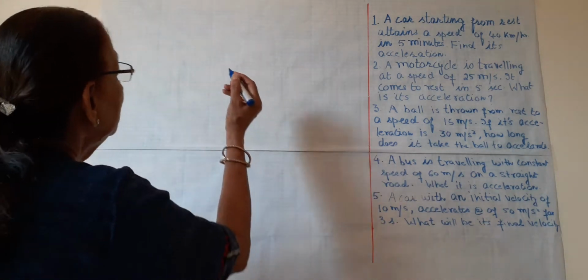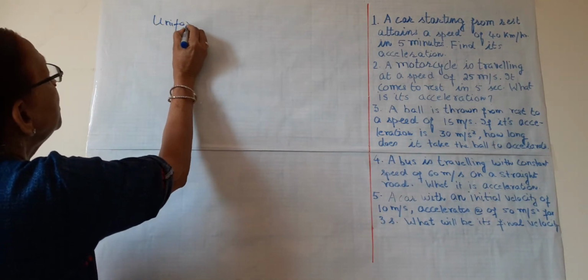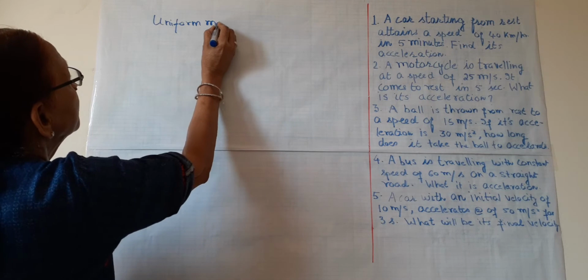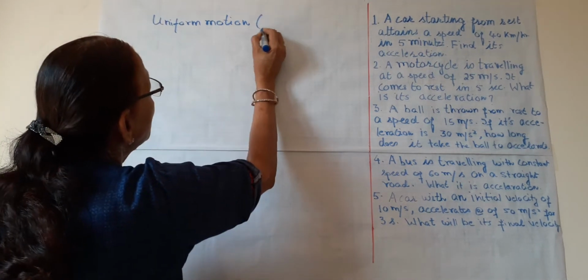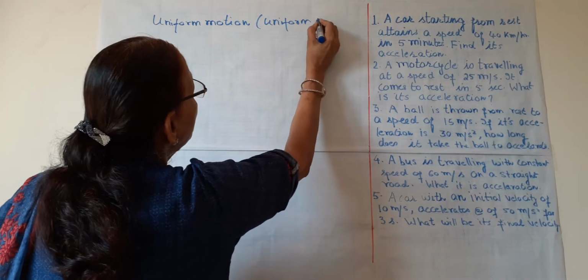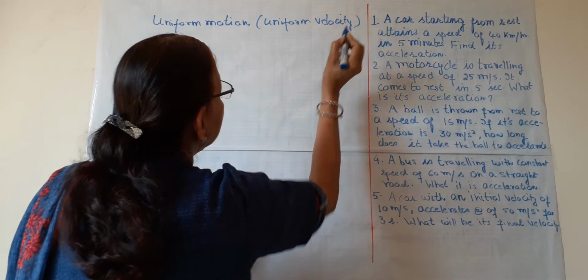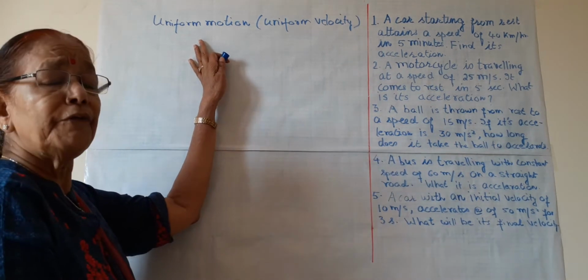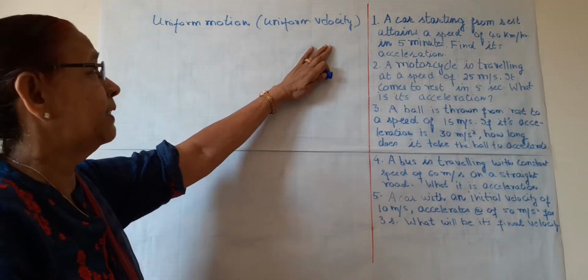We will see. First I am writing uniform motion. One thing, this uniform motion is also the uniform velocity. These are one and the same thing. Either we say uniform motion or we say uniform velocity.